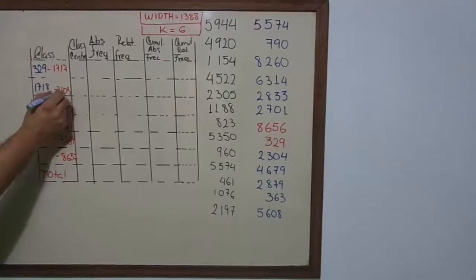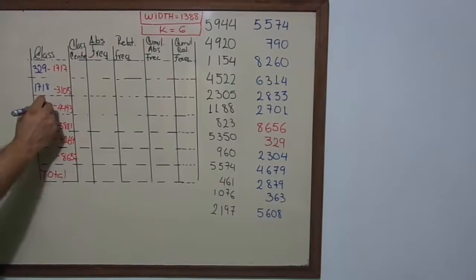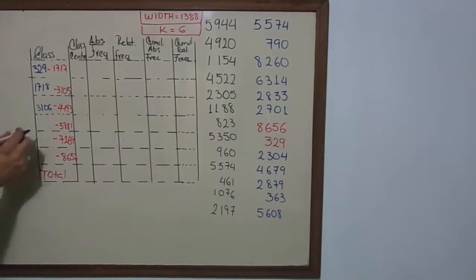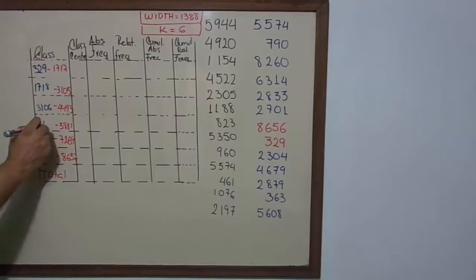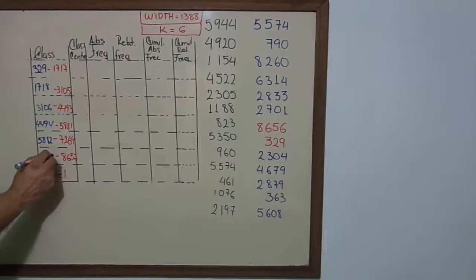So this is 3,106. This is 4,494. 5,882. This is 7,270. And that's it, okay?